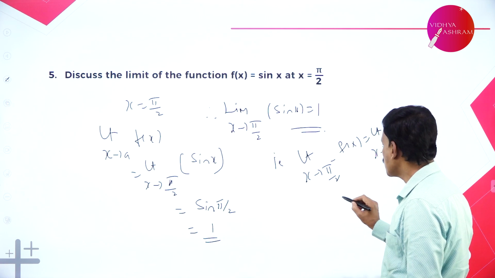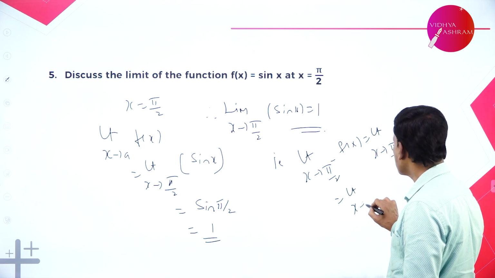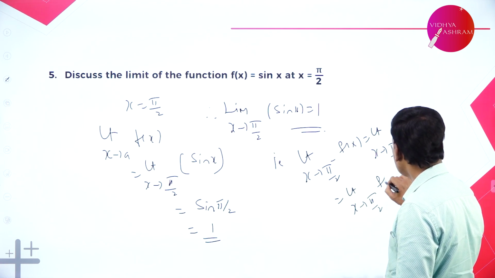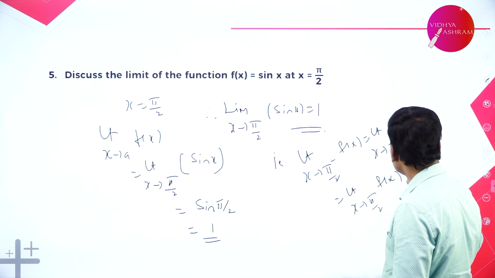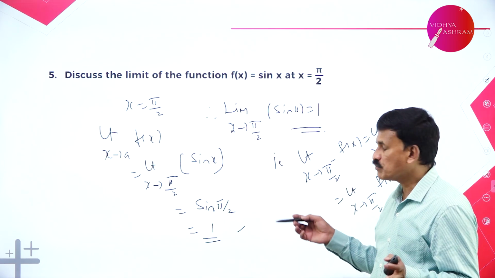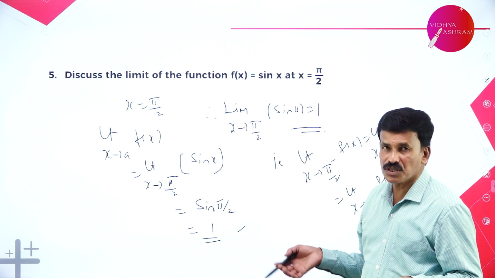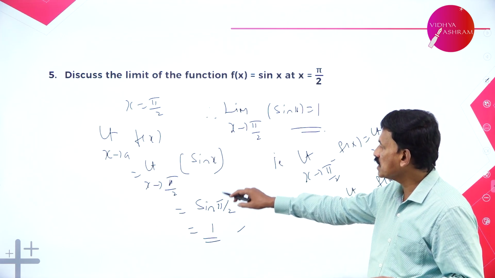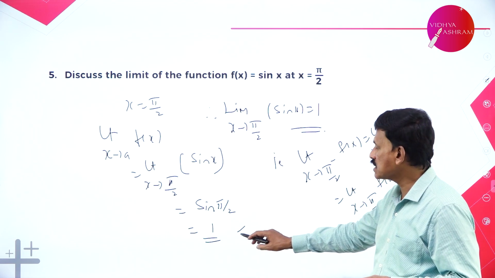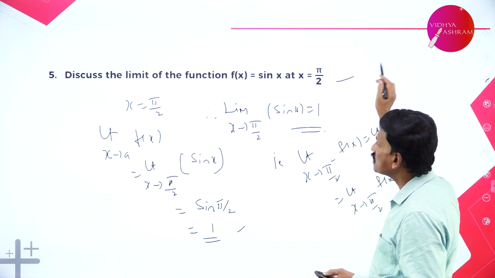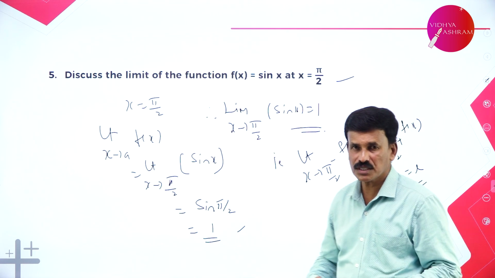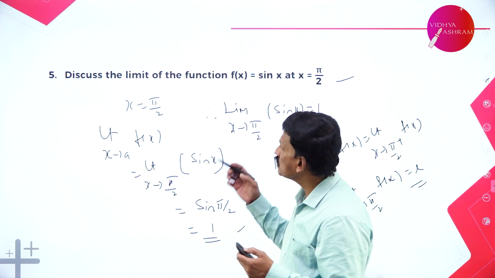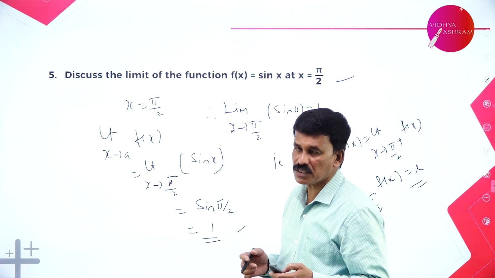Both are equal, and that is equal to the limit x tends to pi by 2 of f of x, that is nothing but L. So both left hand limit and right hand limit are equal, so that's equal to L. Therefore the limit x tends to pi by 2 of sin x is equal to sin 90, that's equal to 1. Hence the limit of this function exists. That's it. These are a few problems related to discussing the limit of a given function.